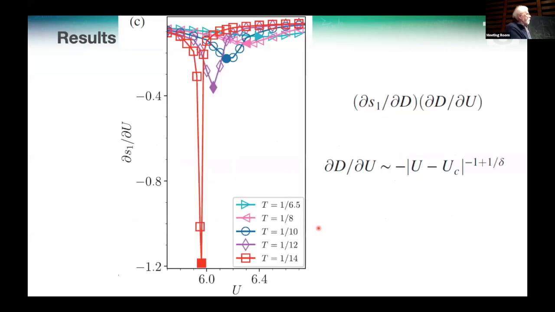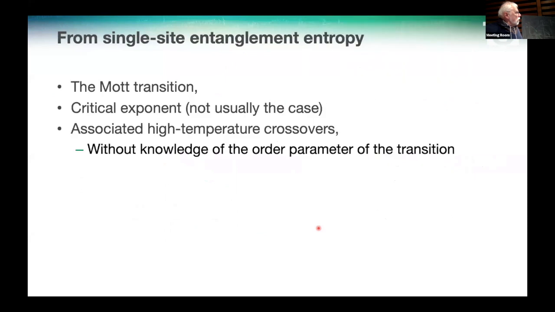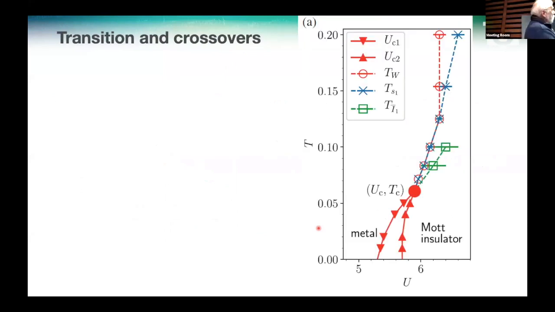Now, if you take the derivative of the single site entropy with respect to U, it depends only through double occupancy. And we know that double occupancy scales like U minus U critical to the 1 over delta. So this derivative scales like U minus UC to the 1 plus delta. If we draw now this inflection point in the single site entanglement entropy, we get the blue result, which as you see is very close to the other crossover that I described, the so-called Widom line.